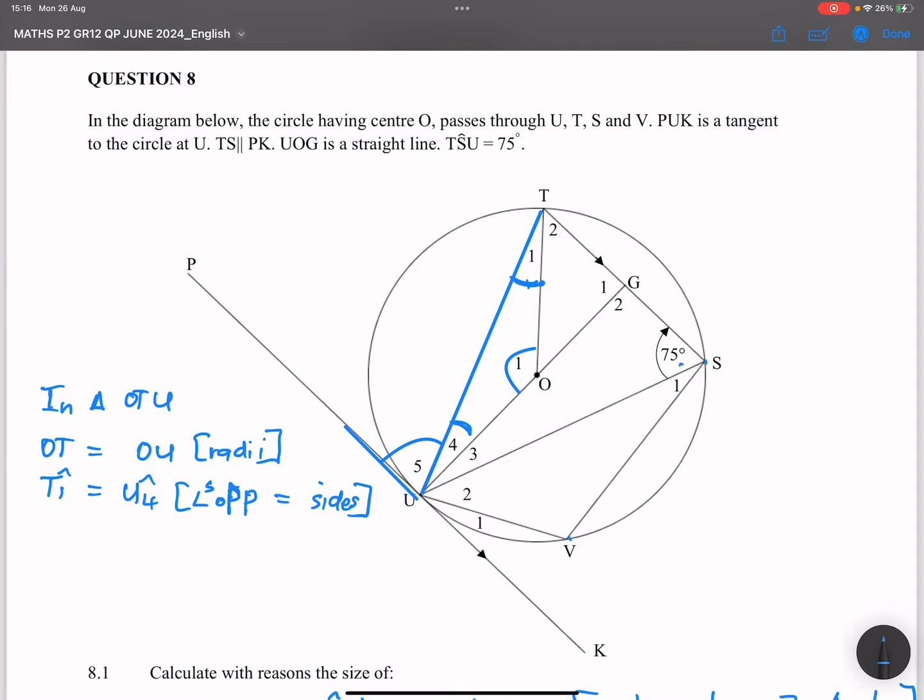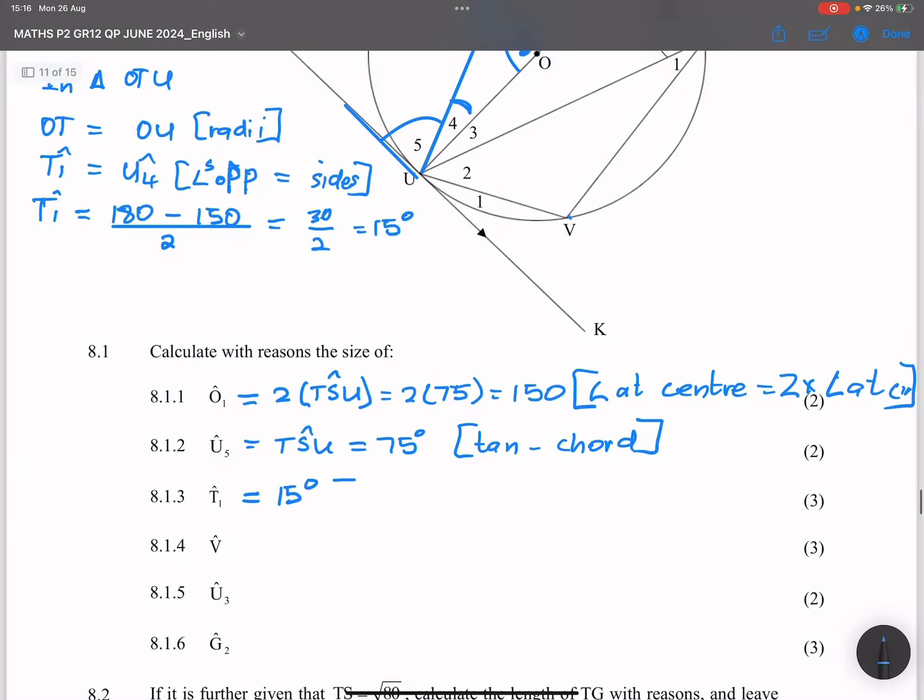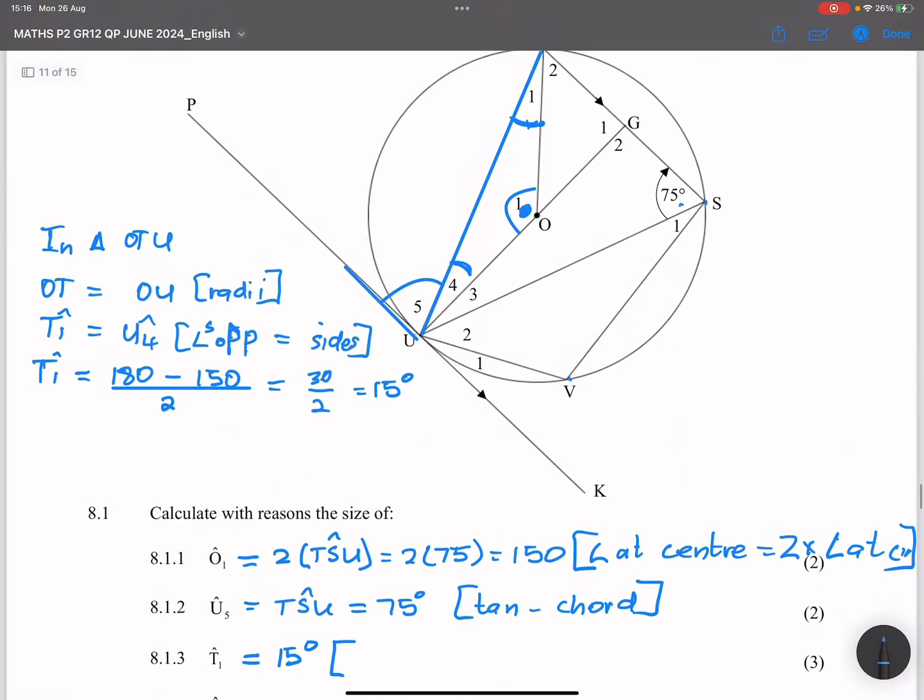That means T1 will be equal to 180 minus angle O1, which is 150, but because those two are equal, we divide that by 2. So we get 30 divided by 2, which is 15 degrees. So we can say angles opposite equal sides.